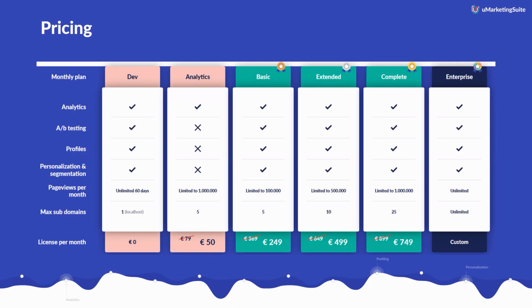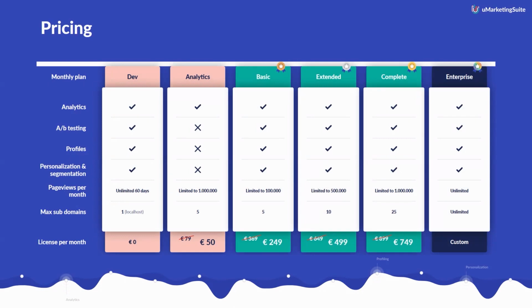Then we have the basic, the extended, and the complete version that will include A/B testing and profiling and personalization. And the differences between these options is the number of page views per month that are included. Within the basic version, it's 100,000 page views. In the extended, 500,000, and in the complete version, up to 1 million a month, and also many more domains included.